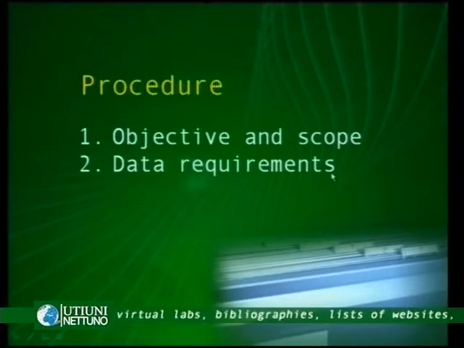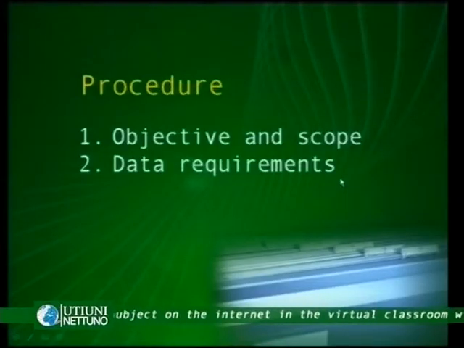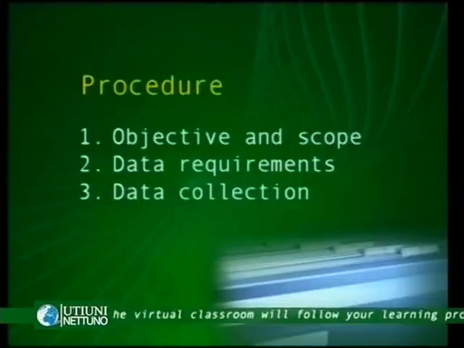We can ask ourselves what are the sources of information that we need to access and what are the specific data we need to figure out what is the size and the segments and the potential targets in the market. Following the data requirements, there is the actual activity of data collection.